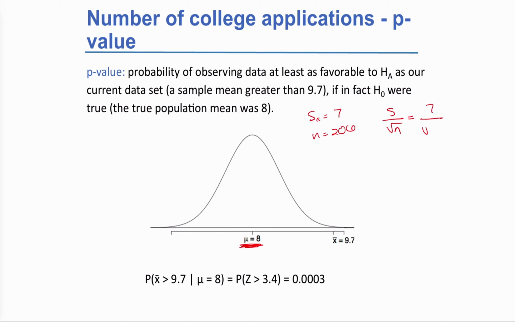So 7 over the square root of 206. And we should get a sampling distribution that looks approximately like this, okay? So where is 9.7 on this distribution? Turns out it's way over here.